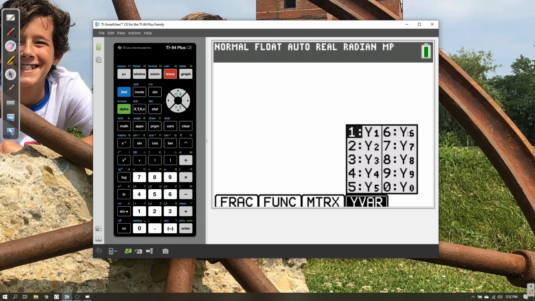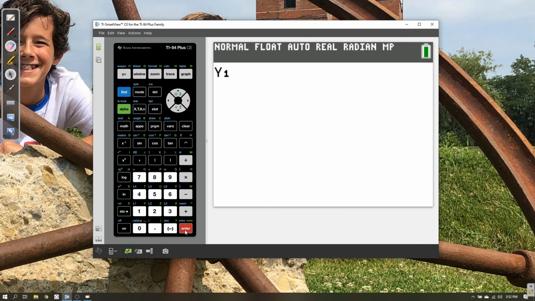So you have all of your different functions that you can have stored in there. So we're going to bring up y1, and we're going to use f of x notation. So we're going to do parenthesis and then 1.234. So this is plugging this into the squaring function. And you can see that is going to give us the same thing as what we had when we typed it manually.